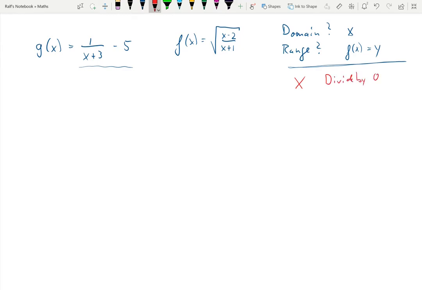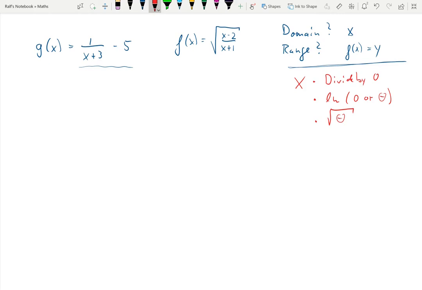So we need to avoid values of x which would imply a division by 0. We also cannot calculate the logarithm of either 0 or a negative number, and we cannot take the square root of a negative number, at least not unless you want to allow for complex numbers, which we're not contemplating here. So these are the three things we're typically looking out for.